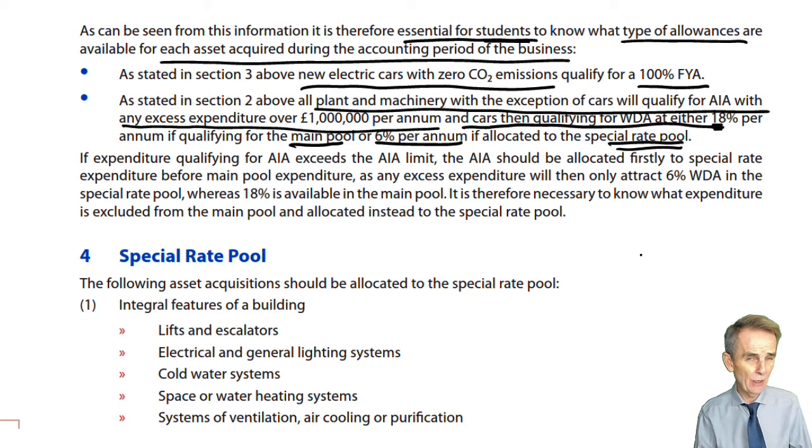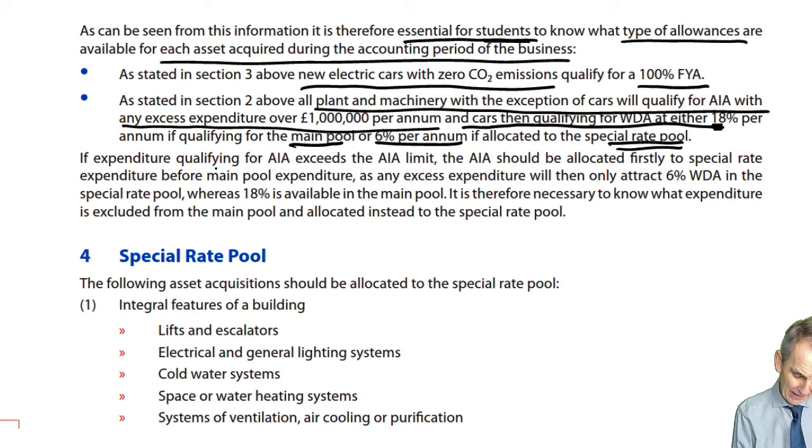Hopefully you'll be able to work it out for yourself which expenditure, main pool or special rate, you would prefer to have the AIA on, and least want the WDA on, because WDA is at two different levels. So here you go.